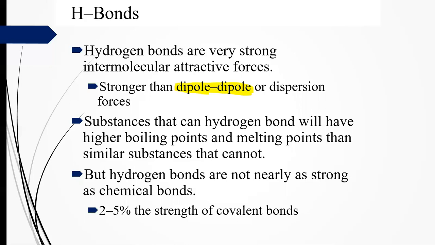Now, while we call them bonds and we talk about them being so strong, to put that in perspective, there's still only about 2 to 5% the strength of a covalent bond. So they are strong for intermolecular forces, but they are not strong compared to those forces holding the hydrogen atom to the oxygen atom inside the molecule. Right? Those covalent bonds are even stronger.